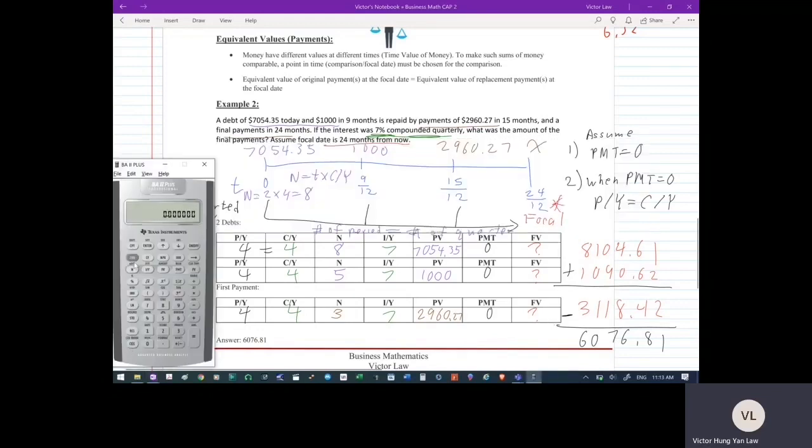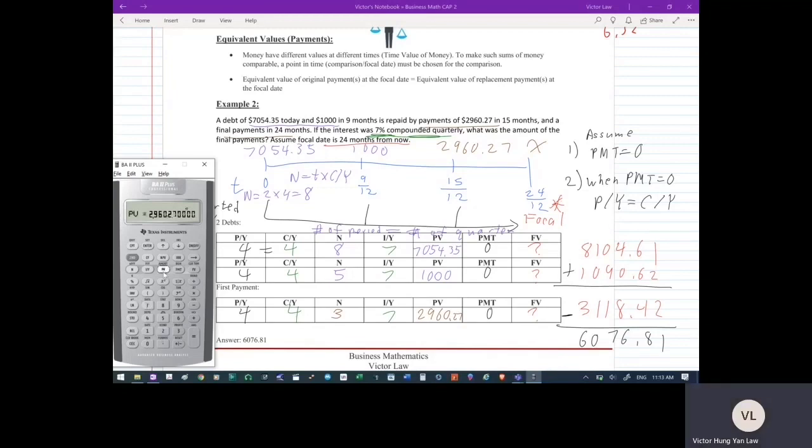So once you get used to the financial calculator, you can see that this is repetitive because the steps are the same every time. So second function, PY, 4, enter, you go down to CY, 4, enter, and then you clear, bottom left corner. And then you press 3, and then you press N, number first, to set the number of periods to 3, and then you press 7, IY, that will set your nominal interest rate to 7, and then 29.60.